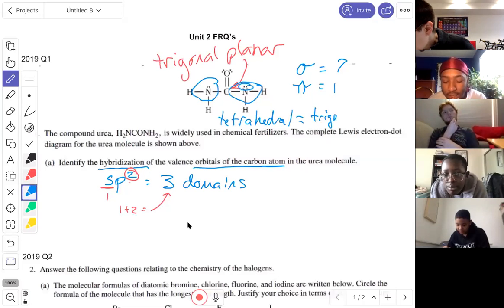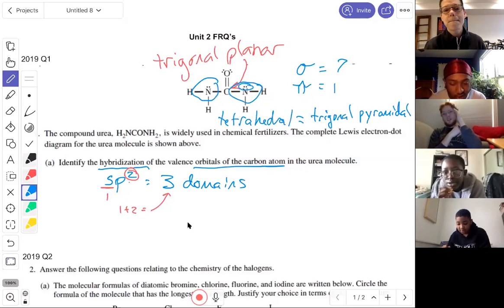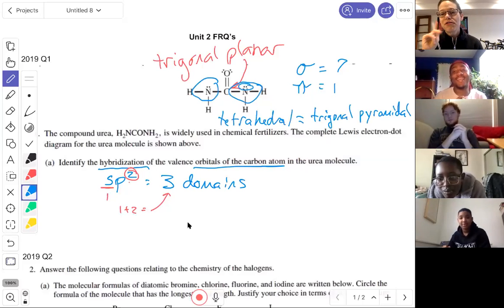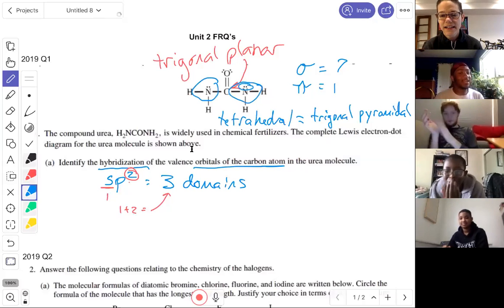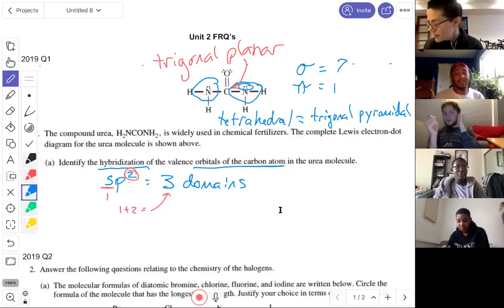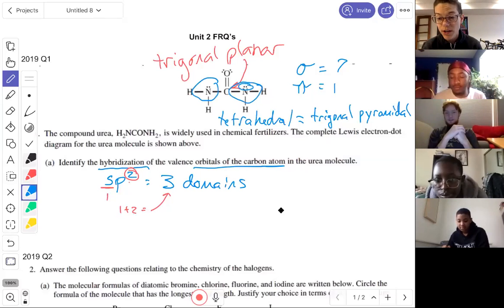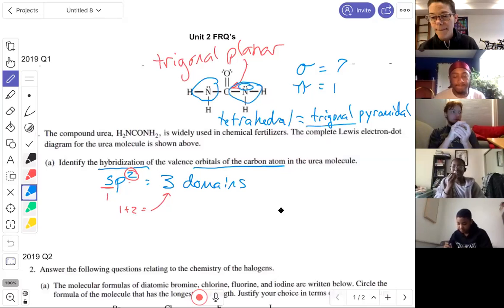It's trigonal pyramidal. I read it in the right place and still said trigonal planar, even though that's not what it says on the paper. You start with tetrahedral because you count 4 things, but one of them is a lone pair. So it goes from tetrahedral to trigonal pyramidal.